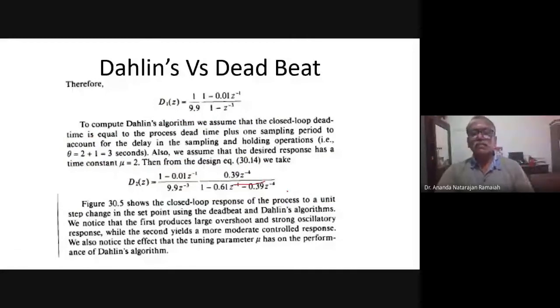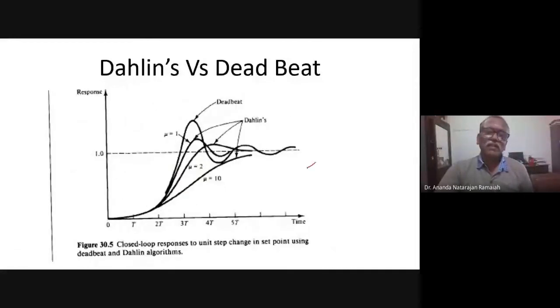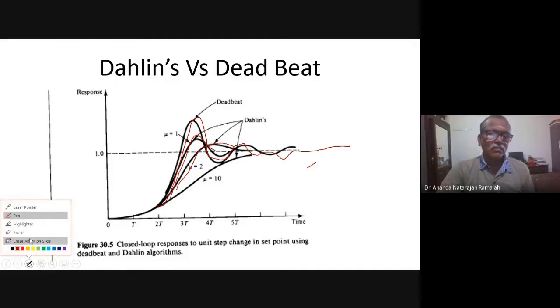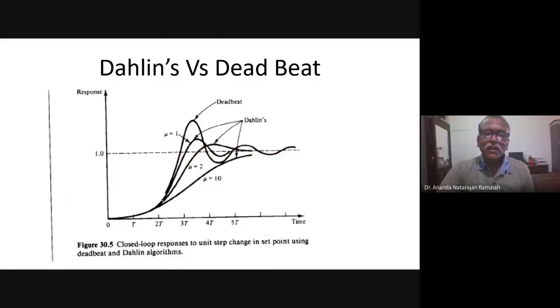If you simulate the deadbeat, you will get large overshoot. And if you simulate Dahlin's with mu equal to 2, you are getting a better response. You see that? If you choose mu equal to 2, this is the response.